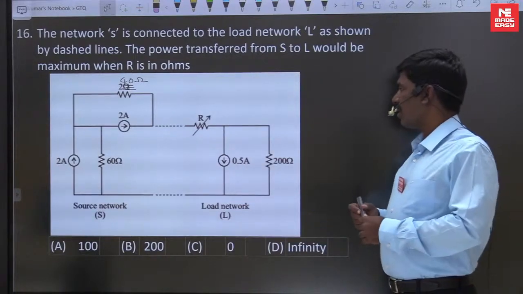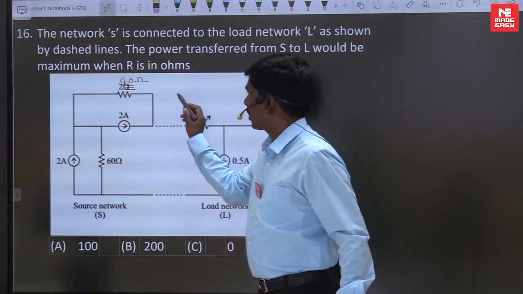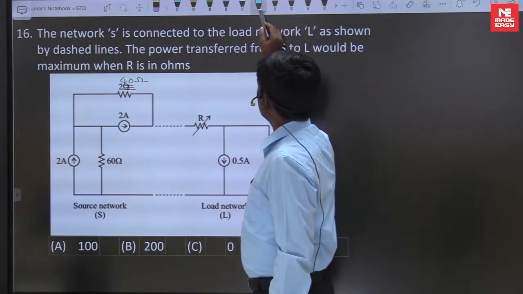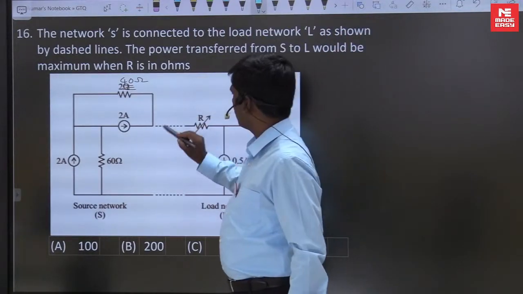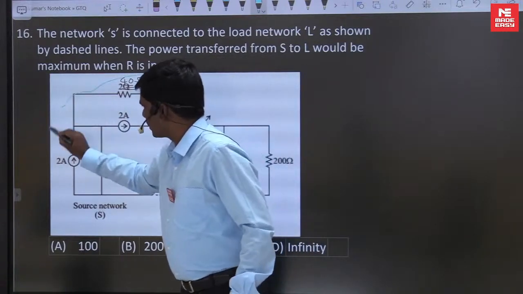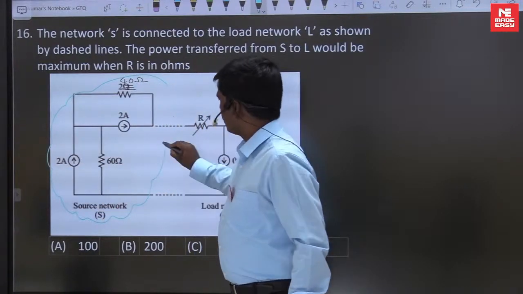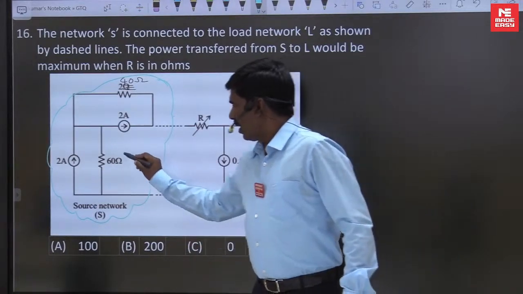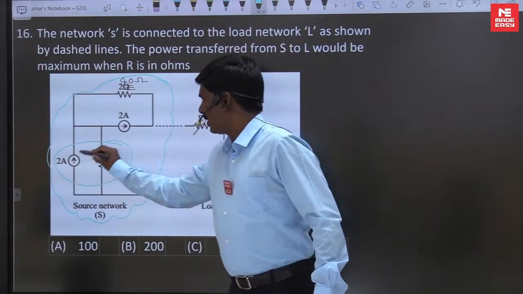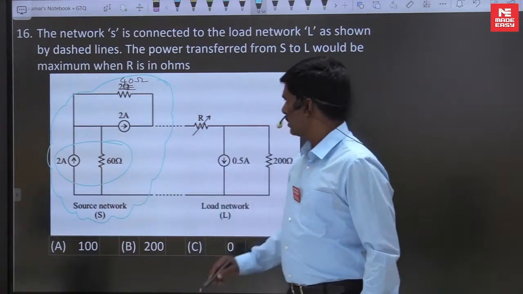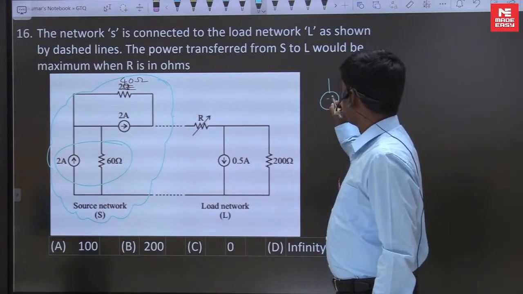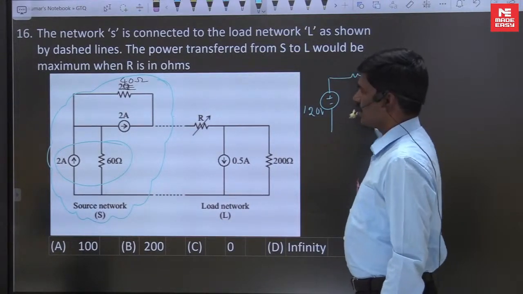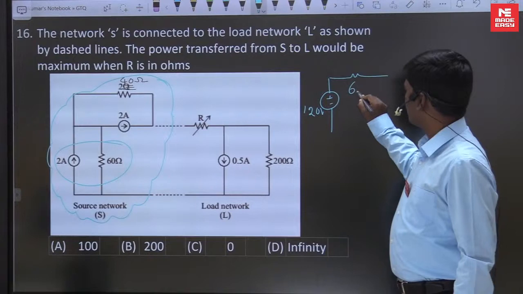Okay, now to approach this, this total network is replaced by VTH in series with RTH, the Thevenin equivalent. I'm using source transformation: 2 amperes with 60 ohms becomes 120 volts in series with 60 ohms.